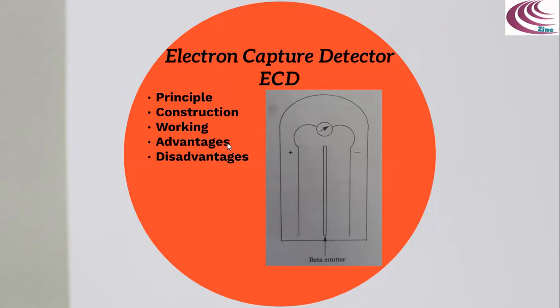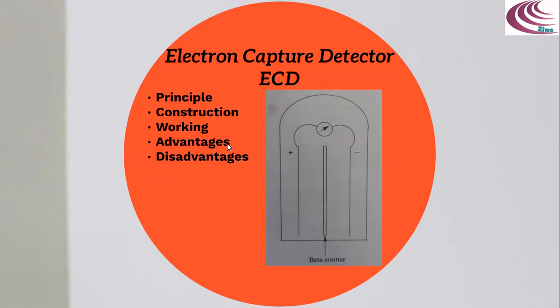In advantages, electron capture detector is selective in its response. It is highly sensitive towards the organic compounds possessing electronegative functional groups such as halogens, peroxides, vinyls, nitro, and so on. It is very commonly used for the detection and determination of chlorinated insecticides.